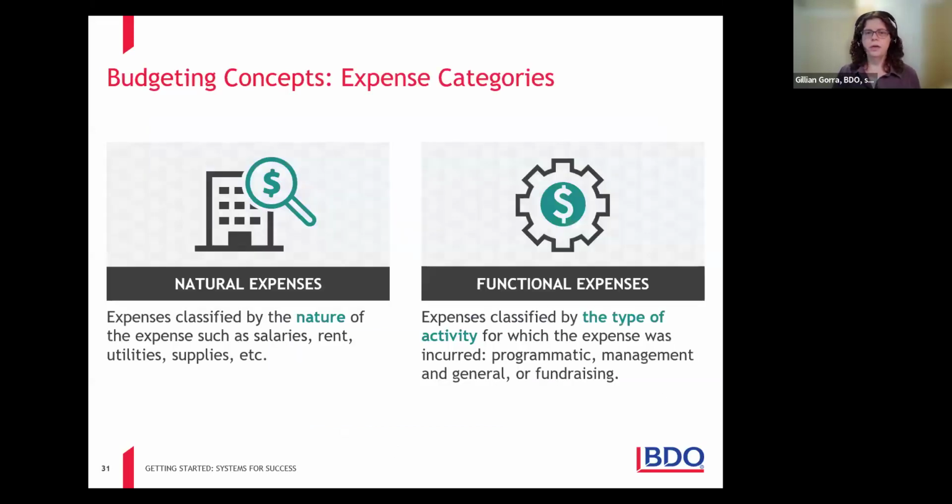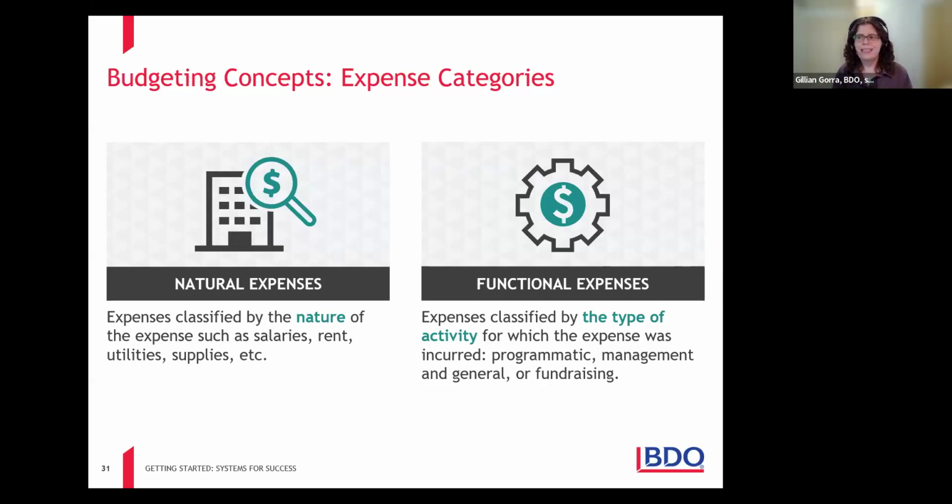All right, a couple other grounding concepts here in this budgeting topic. There are so many different ways to define expenses. There are a lot of different expense categories. I'm going to share a few with you today. Natural and functional expenses. So our natural expenses, as we see, are expenses that are classified by the nature of the expense, right?